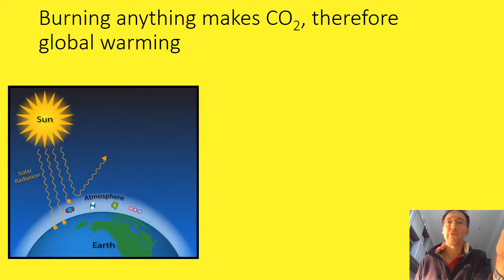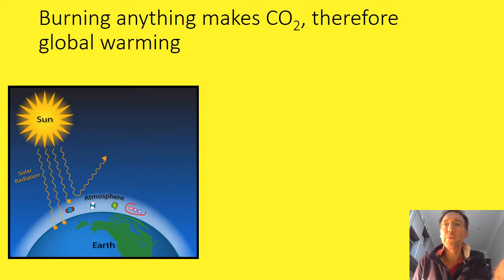So here we've got a diagram that will help us explain the basics of the greenhouse effect. But in this lesson we don't need the details of the greenhouse effect, just the basics.